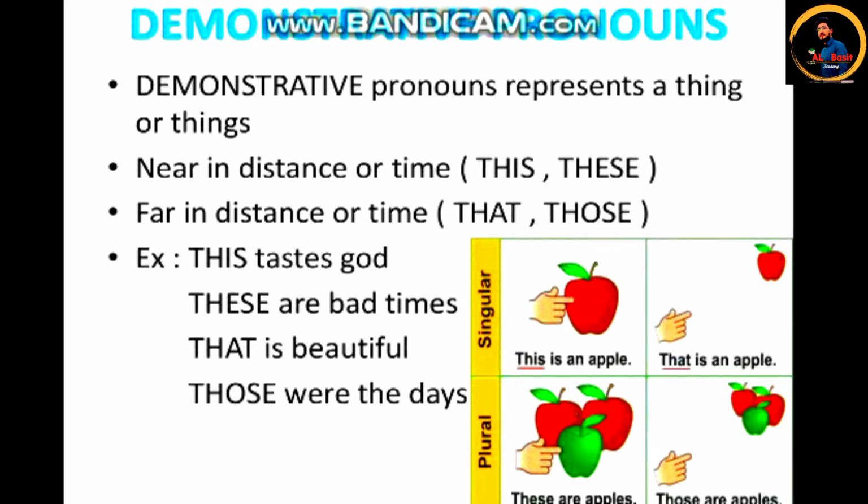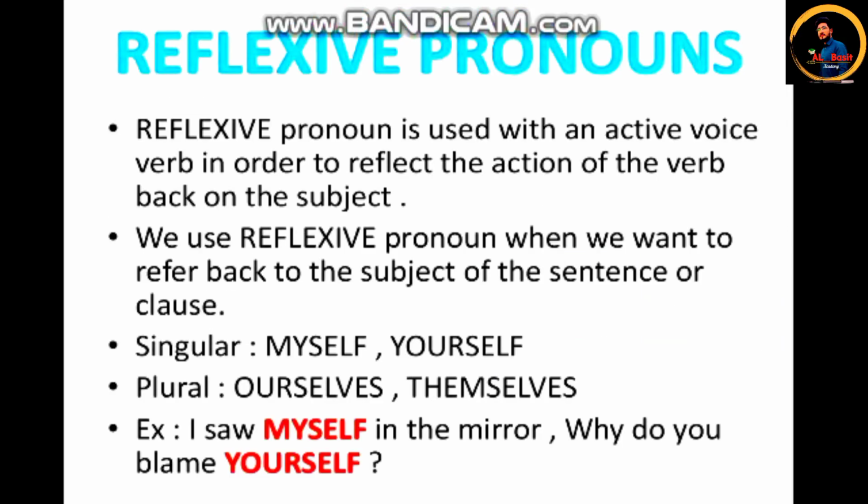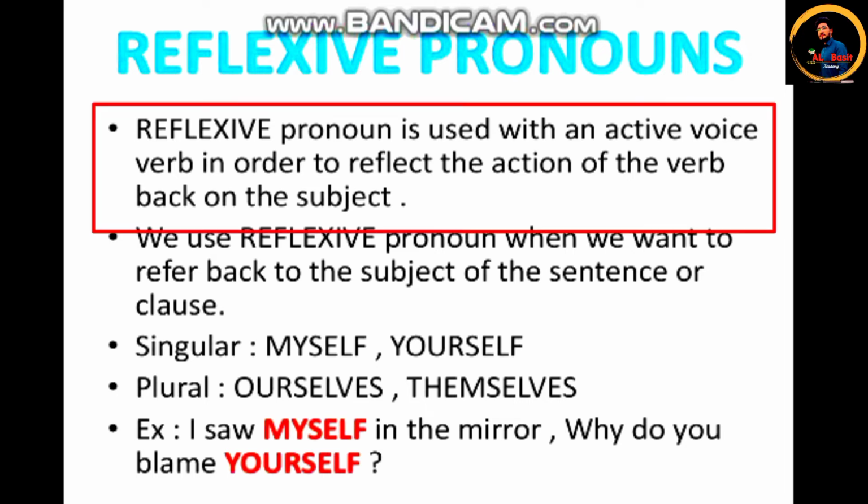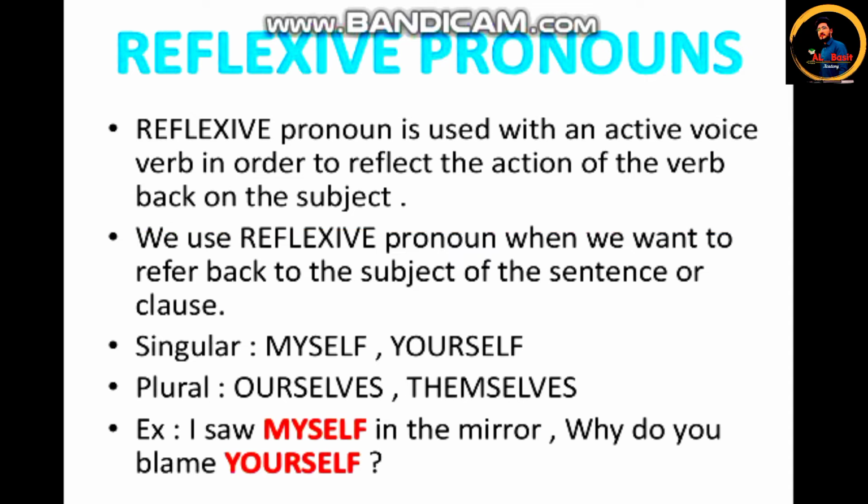For this and that we use the helping verb is, and for these and those we use the helping verb are. Okay, reflexive pronouns. What is the definition of a reflexive pronoun? A reflexive pronoun is used with an active verb in order to reflect the action of the verb back on the subject.